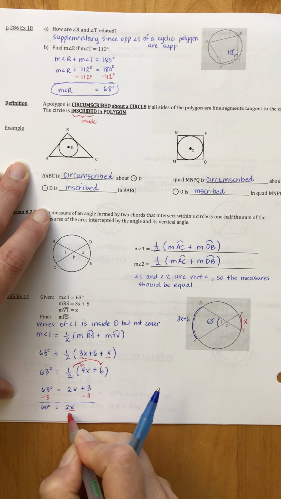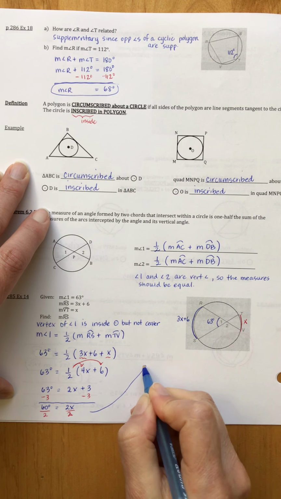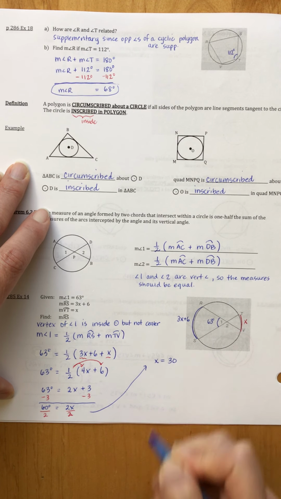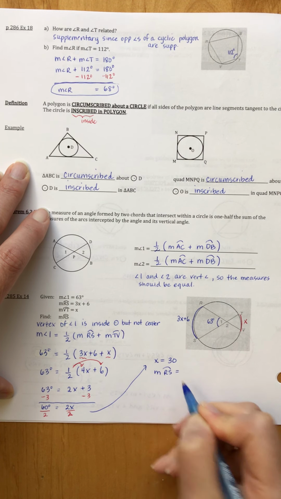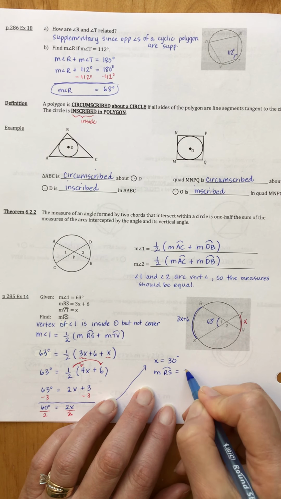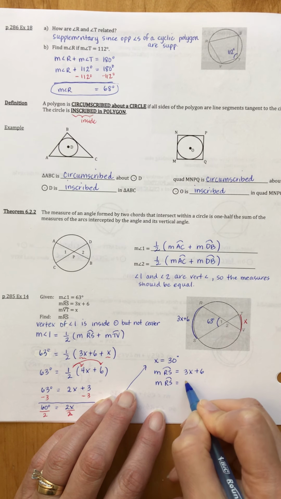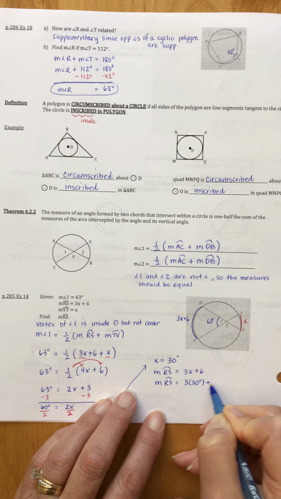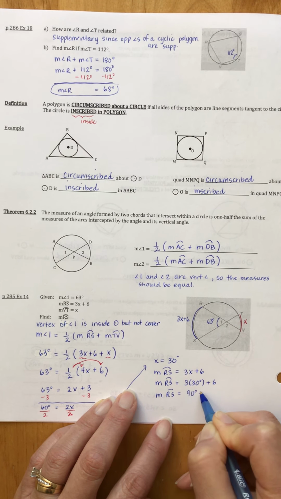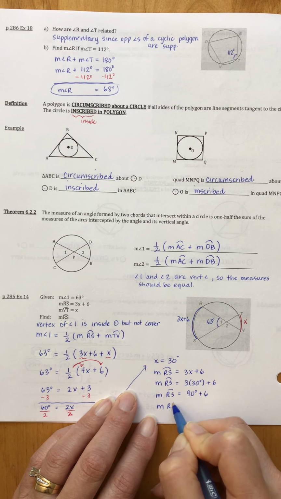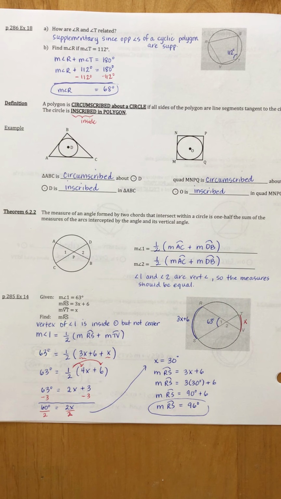And divide by 2, we get that x equals 30. So they want us to find the measure of arc RS. All we have to do there is say it's equal to 3x plus 6. Put our 30 in and we'll have our answer. So what do we get there? We get 90 plus 6, or 96 degrees. And that's our answer. That concludes page 2.